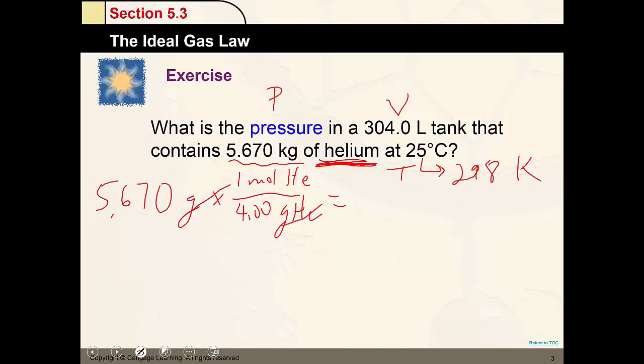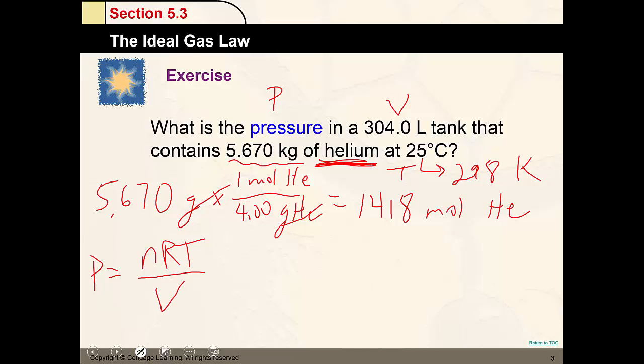That's the molar mass of helium. So when we do that, we now have our number of moles of helium. So now that we have the number of moles, now we can use the rearranged ideal gas law, PV equals nRT. Now, since we're solving for pressure, it becomes nRT over V. So now we have each of our variables. We plug each of them in.